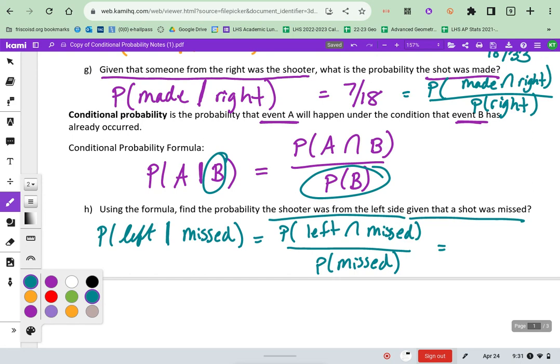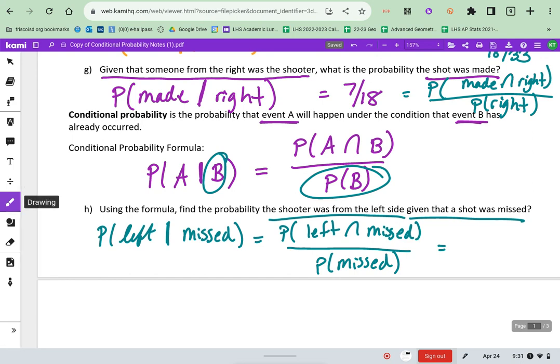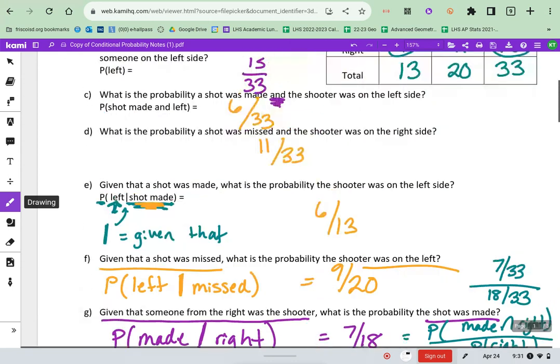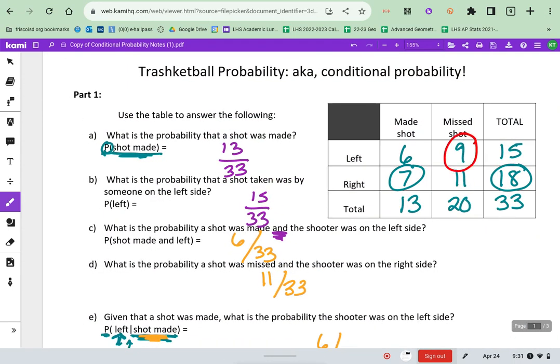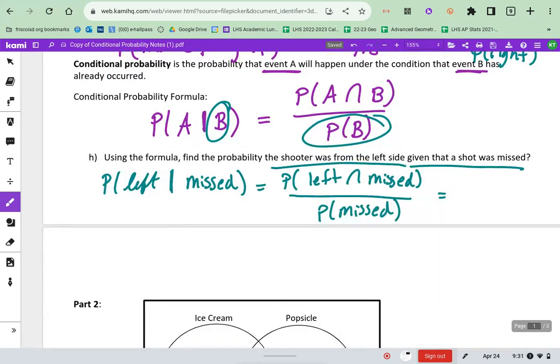All right, so for left and missed, how many total shots came from the left team that were also missed? Well, that would be 9. 9 out of 33 total shots were left and missed. So 9 out of 33 is our numerator. So divide by the probability a shot was missed.